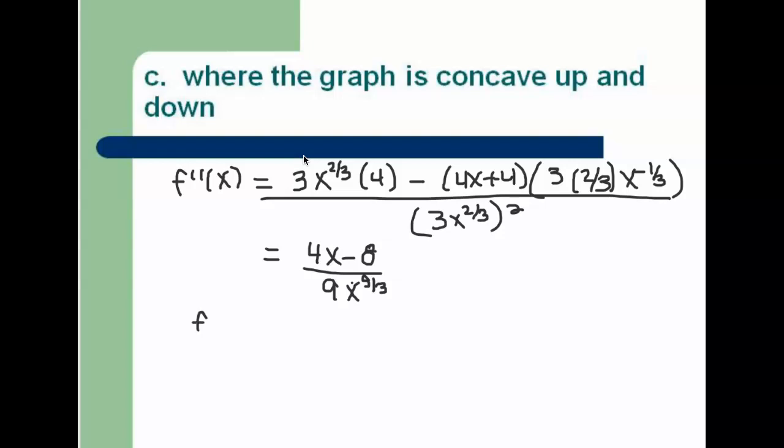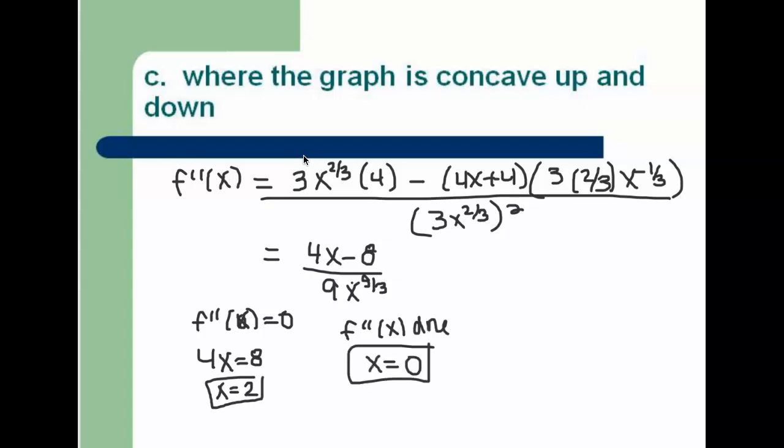So your second derivative equals 0 when x equals 2. And again, it does not exist at 0. Making our number line, you put on 0 and 2, plug in to find your signs.